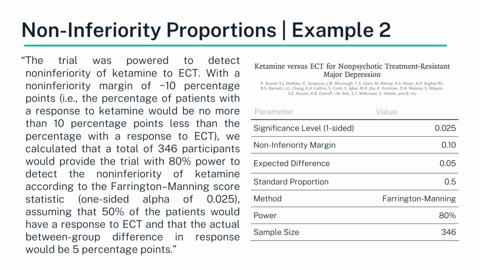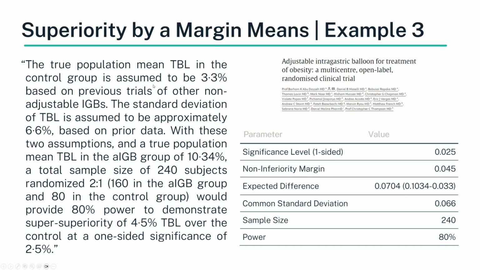So we can go back to the slides again, and we can go on to our third example, which is our example for superiority by means. And this was taken from a study for an adjustable intragastric balloon for the treatment of obesity. And so in this particular paper, the authors outlined that standard treatments for obesity, such as behavioral changes, pharmacological therapies, and surgery, all have drawbacks.